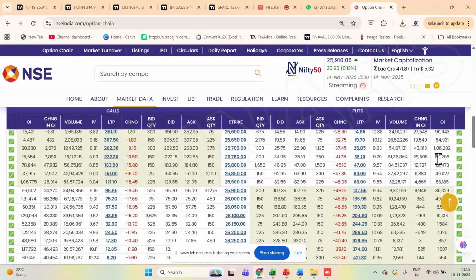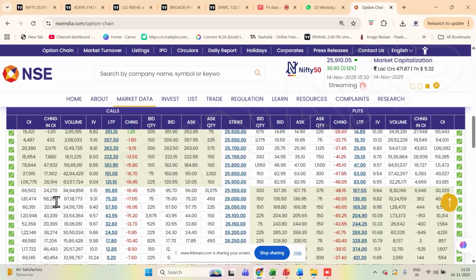Beyond that 25,700, the next base is built near 25,800 zones, where the next resistance zone is 25,900 and 26,000. Some strong base is built.